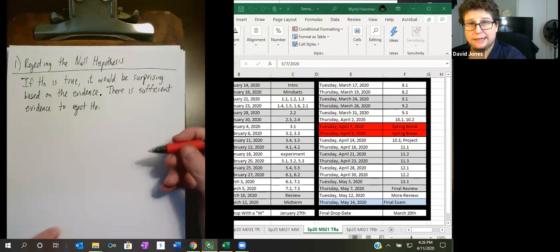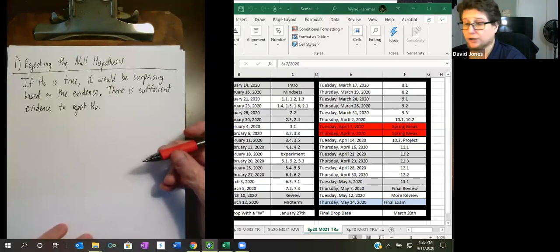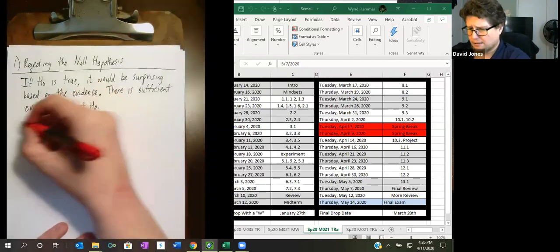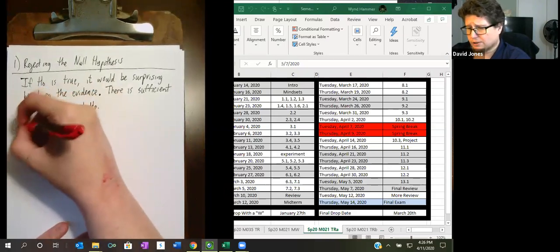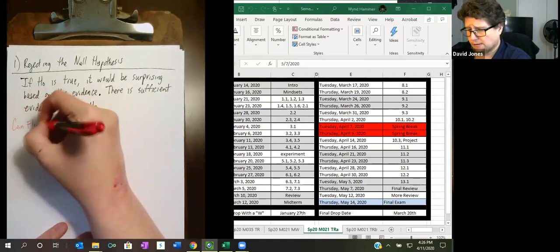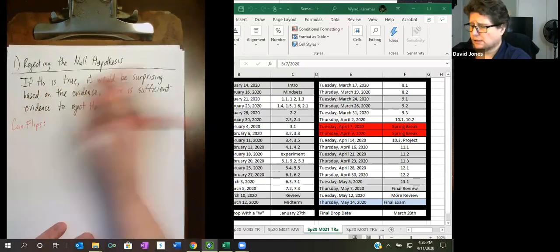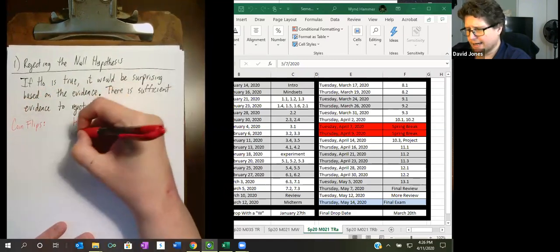In the problem we did, the very one we started with, our initial scenario was the coin flips. What was H naught and HA there?